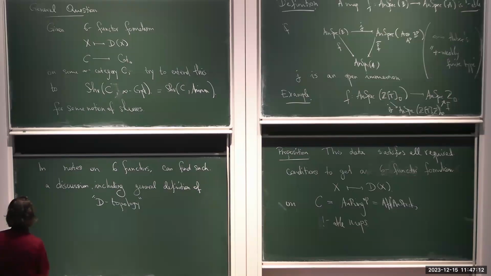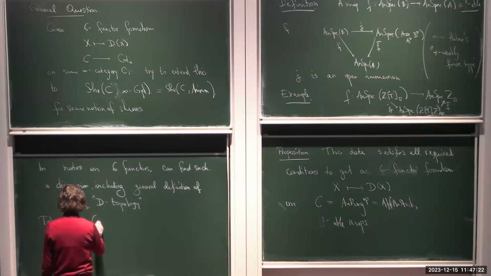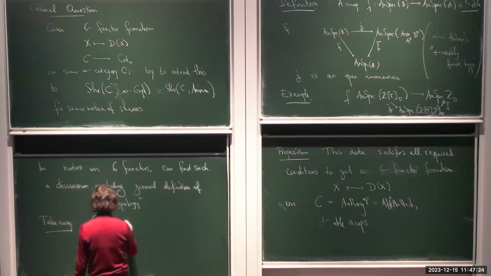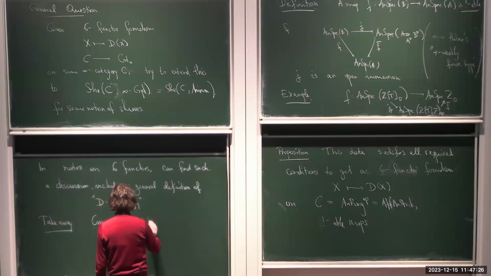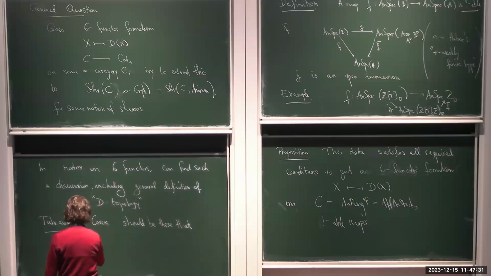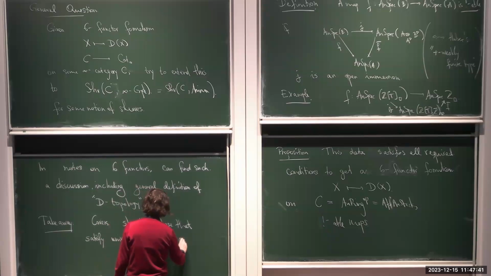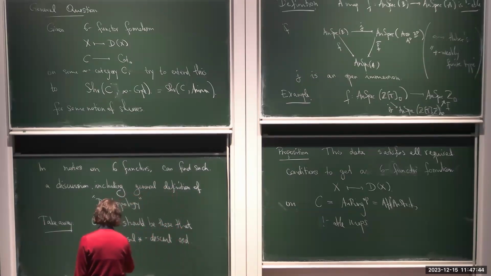But there's still a takeaway from this: if you want to do this extension, the covers should basically be those that satisfy universal star descent and universal shriek descent. I will explain what I mean by this in just a second.